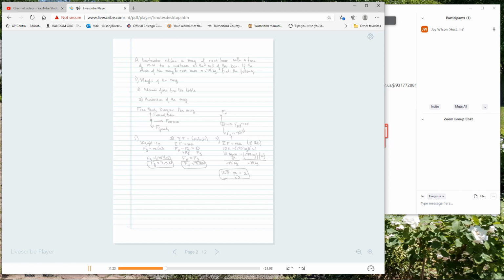So, one of the problems that's in my other physics textbook, that makes me giggle, is this problem. The mug and root beer is 0.75 kilograms. Find the following.